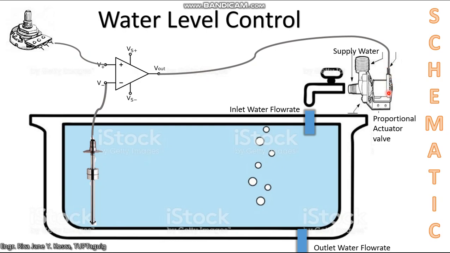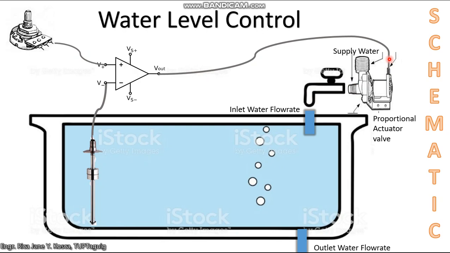So meaning to say, the voltage coming into this proportional actuator valve is also continuous, and that continuous value will be proportional to the percent opening of the valve. So sabihin natin, if the difference is 1 volt, it's only 20% open ang valve, so mahina lang ang flow rate nun.